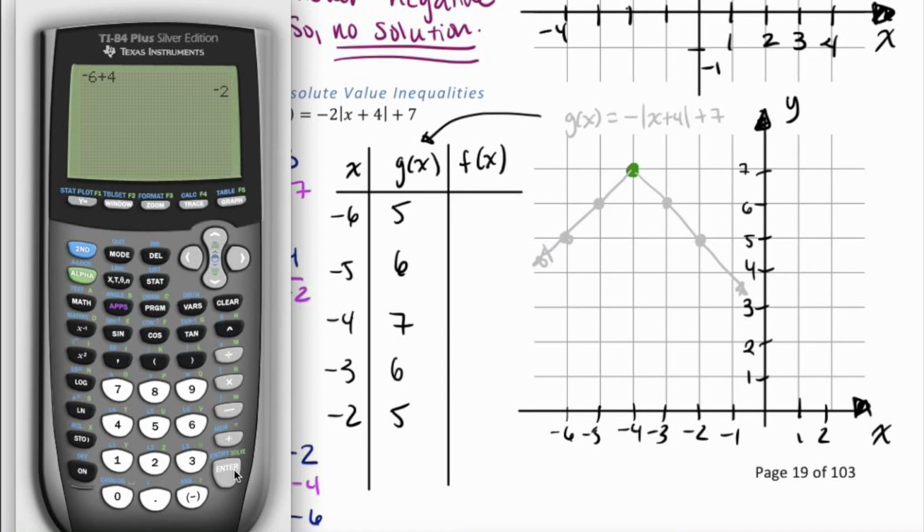So now I want the absolute value. I want -2 times the absolute value of -2 plus 7. Well, what is the absolute value of -2? This is simply going to be a +2. So this will be -2 times 2 plus 7. And to obtain 3.